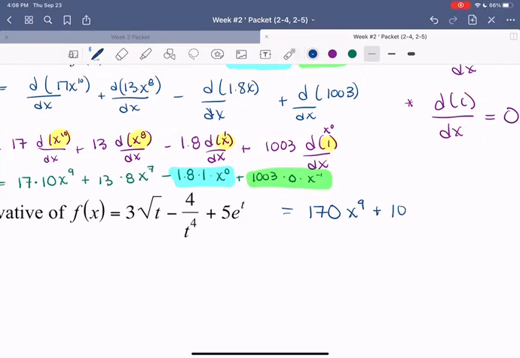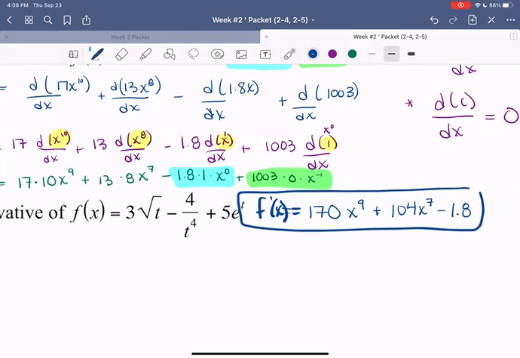We get 104 x to the 7, minus 1.8, plus 0, so we don't need to include that. So our final answer is f prime of x is equal to 170 x to the 9th plus 104 x to the 7th minus 1.8.